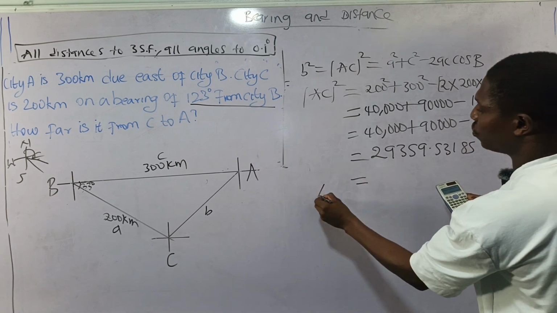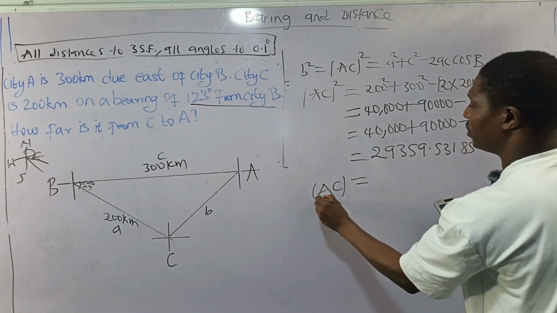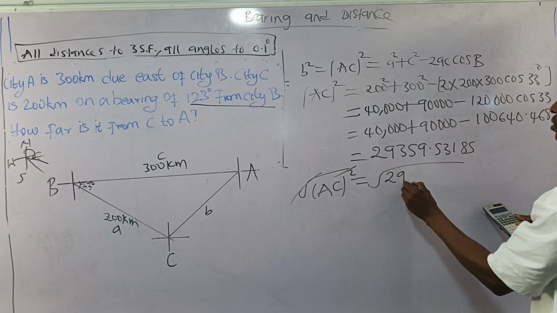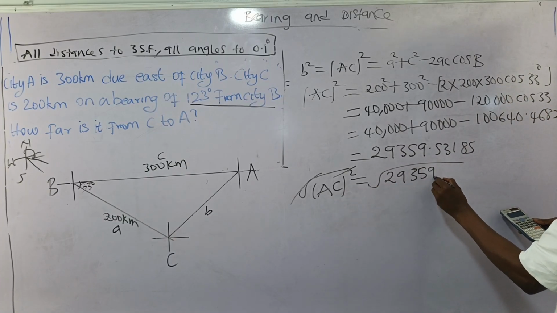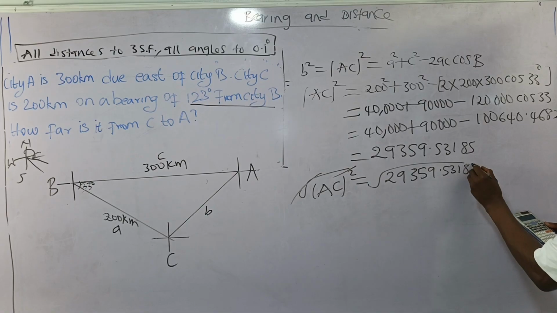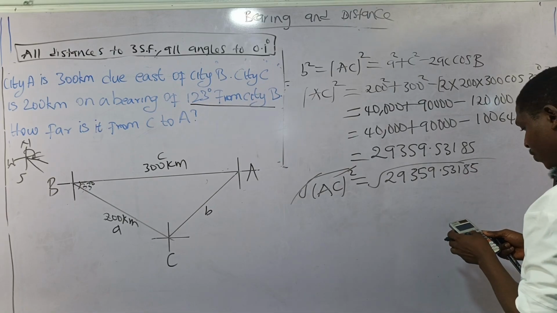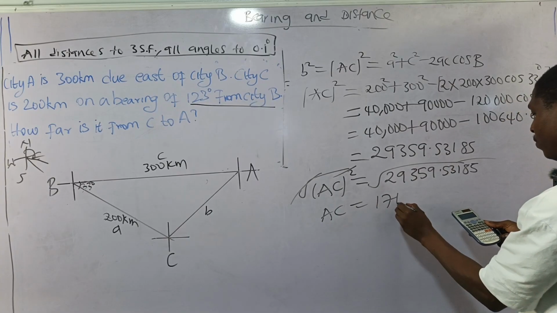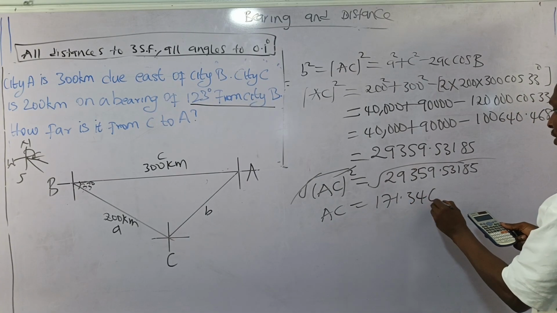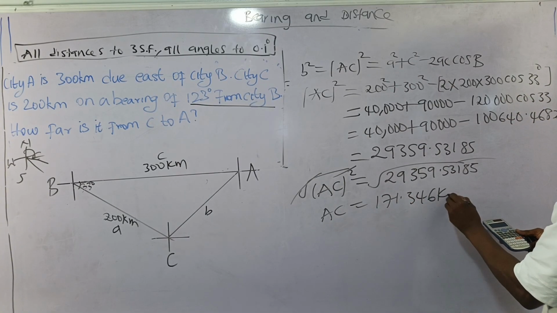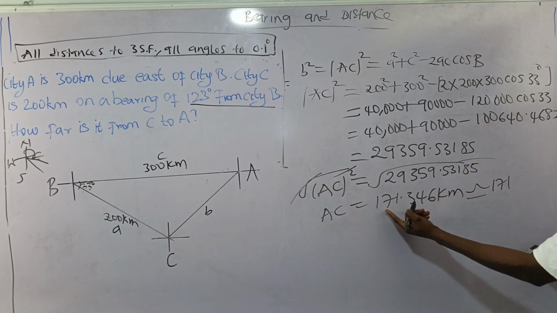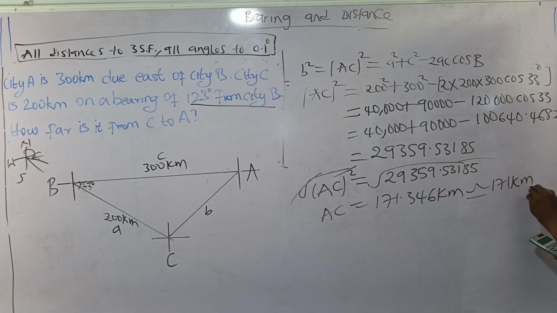29359.53185. And to remove my square, I'll take the square root of both sides. The square root of 29359.53185 will give me AC equals 171.346 kilometers, which is approximately 171 kilometers to 3 significant figures.